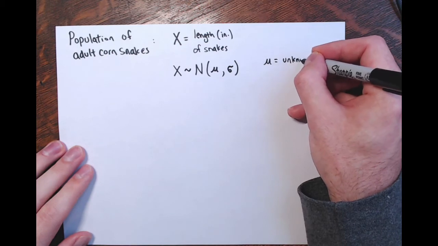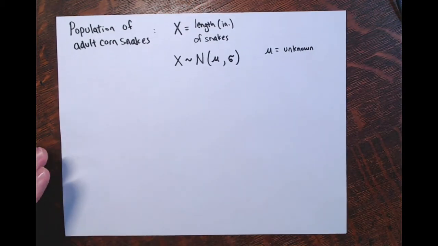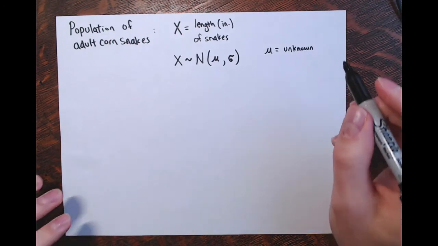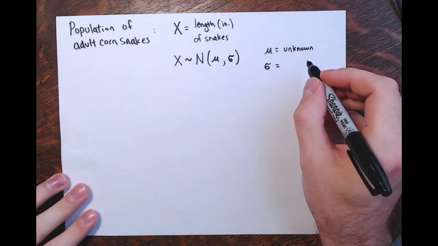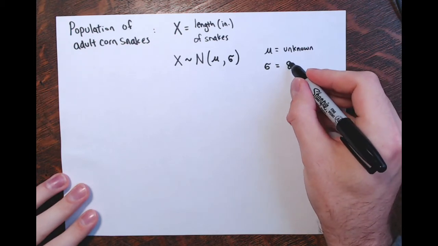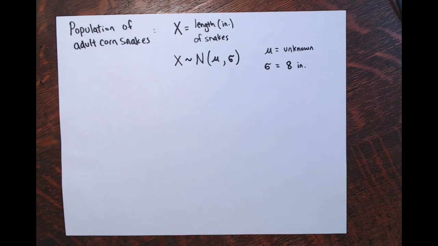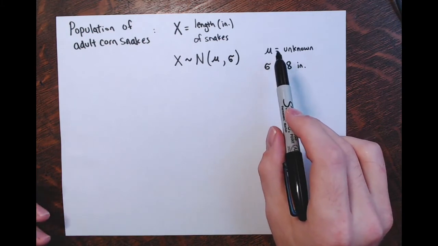Again, we're making a confidence interval for mu, so we're going to guess a range of values that mu could possibly be. And the standard deviation we're given is known as 8 inches. Now, what we need to do to guess what mu is is take a sample.